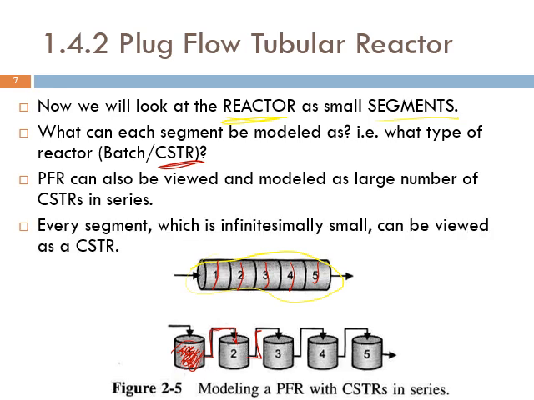Every segment which is infinitesimally small can be viewed as a CSTR. And the smaller it is, the closer it is to uniform composition and uniform temperature in each segment, and therefore it looks more similar to a CSTR.